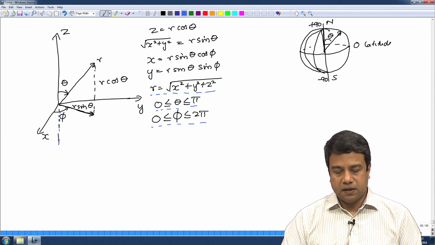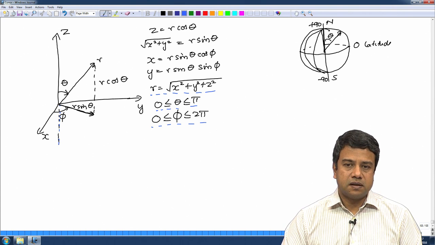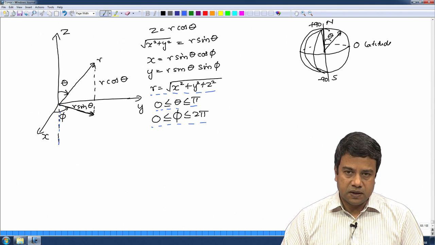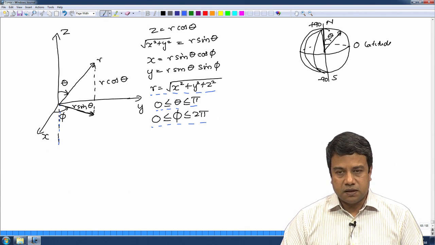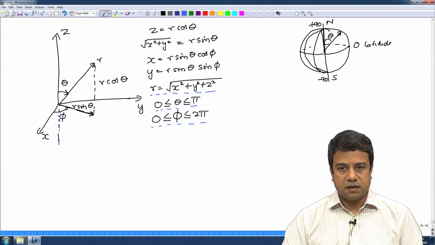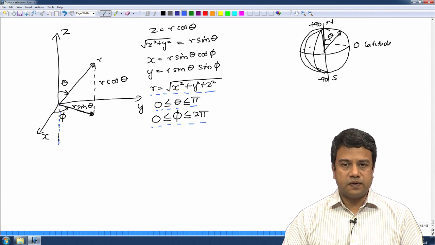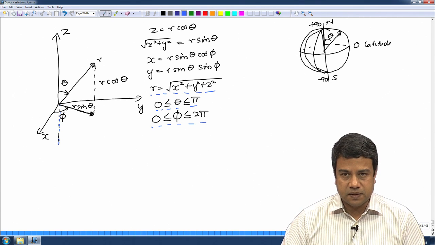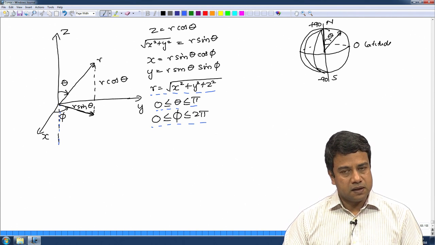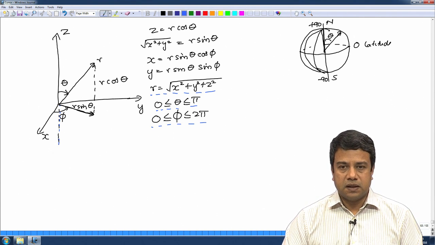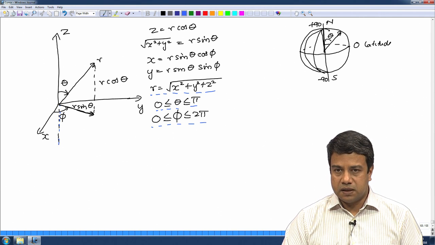Now, we have to construct a differential volume in this coordinate system. The differential volume is bounded by surfaces of constant coordinate. But first, we have to define what is the distance moved when these angles change by a little bit, because in the Cartesian coordinate system, delta x, delta y and delta z were the distances travelled.